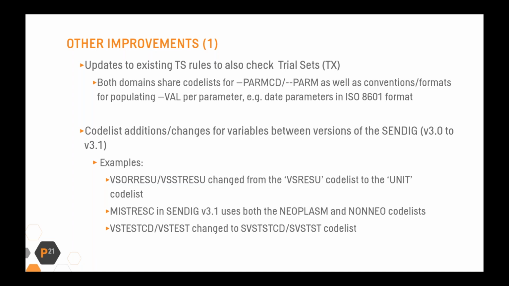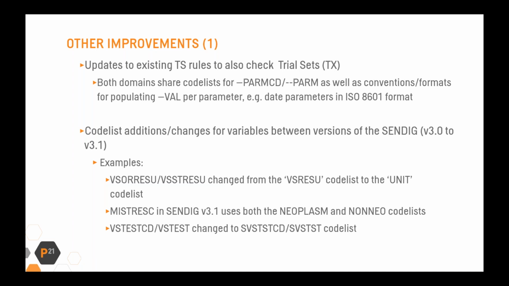There have also been code list additions and changes for variables between versions of the SENDIG. So one example of where we've updated our metadata was for VSORRESU and VSSTRESU. Between SEND 3.0 and SEND 3.1, it changed from the VSRESU code list to the UNIT code list. So we've updated that in our metadata.